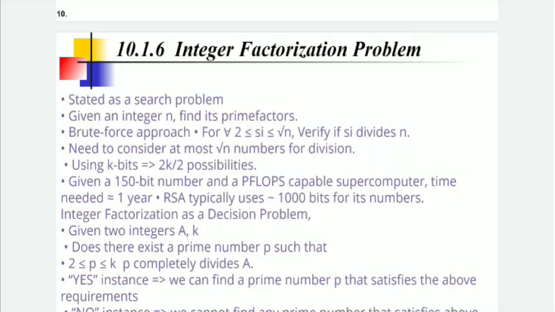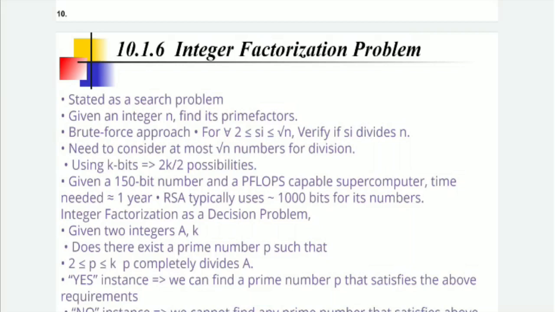So in this approach, we need to consider at most root n numbers for divisions. Let us suppose that we are finding the prime factors of a k-bit number. We might have to consider 2 to the power k/2 possibilities.